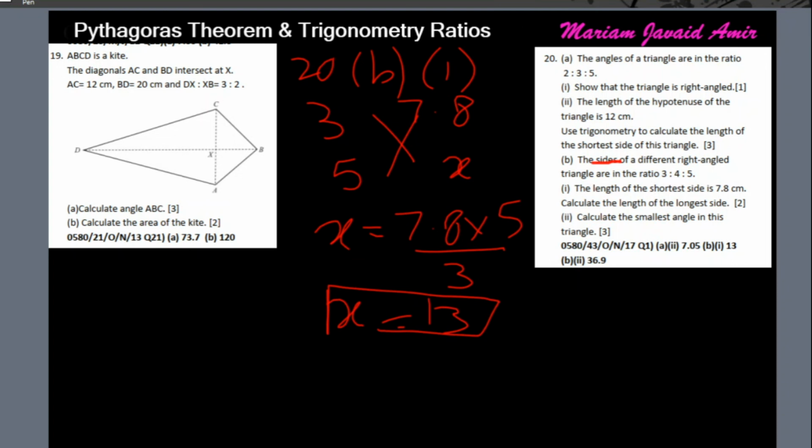Next up is part 2, which is calculate the smallest angle in the triangle.